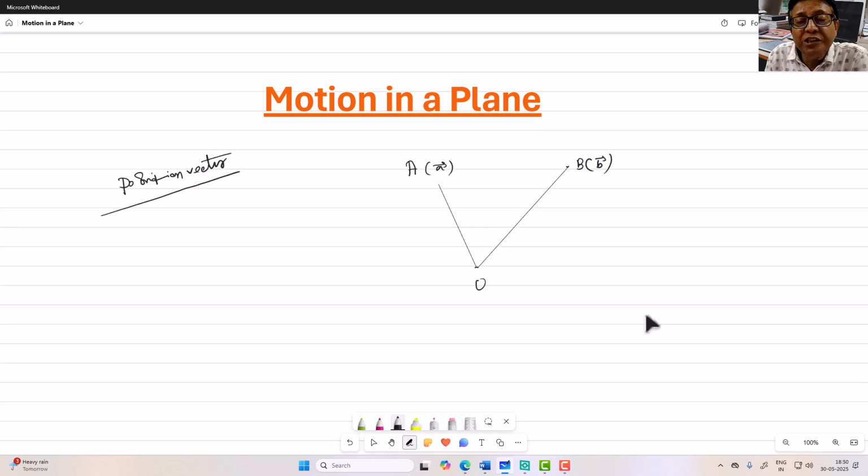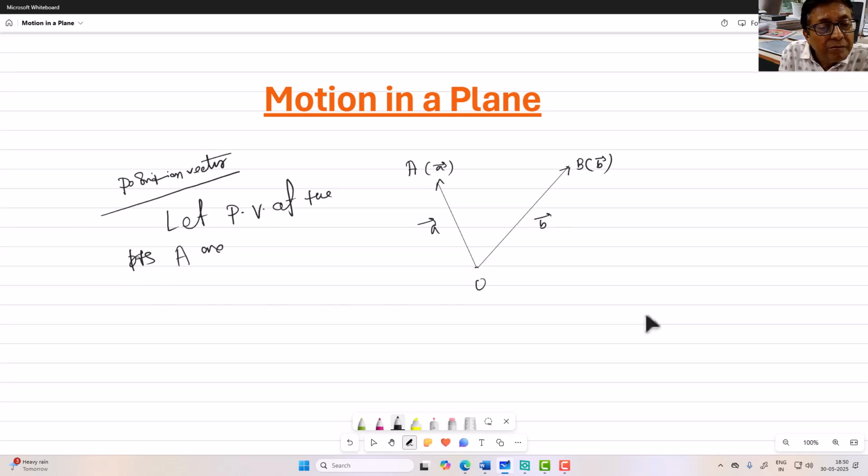So from origin, if you have joined the point A, then this will represent the vector A and this one will represent vector B. So what you have assumed, let position vectors of the points A and B be A and B respectively.